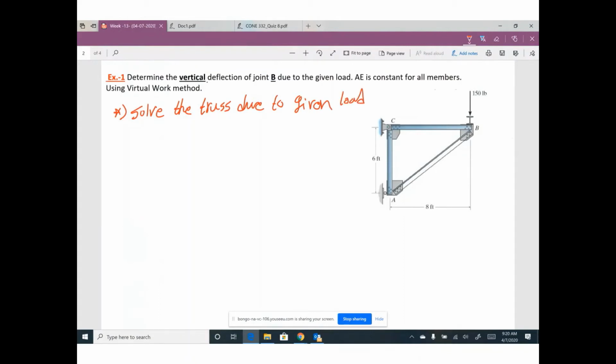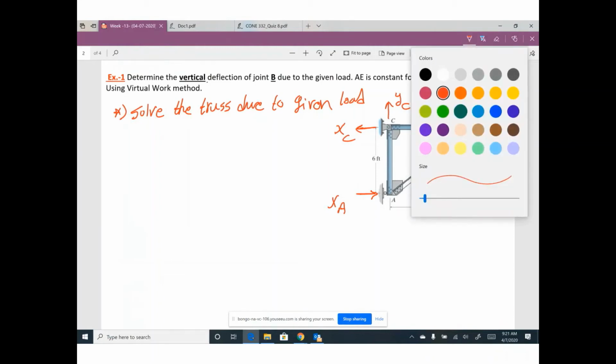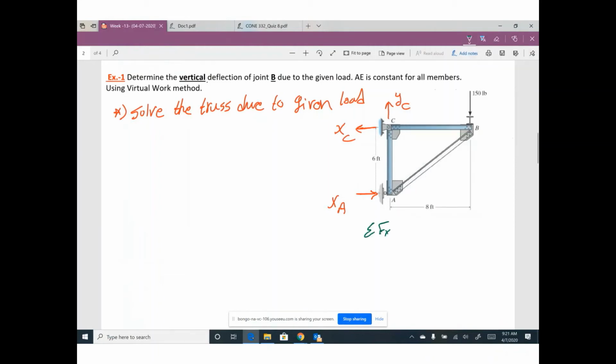If you go back to chapter 3, we have a horizontal reaction here, probably XA, a horizontal reaction here, XC, and a vertical reaction here, YC. If you apply summation of Fx equals 0, summation of Fy equals 0, and summation of moment at any point equals 0 to figure out your reactions, I think YC will be 150.